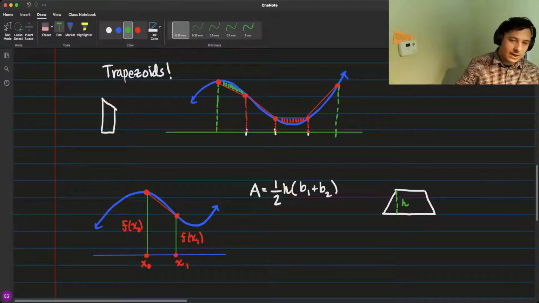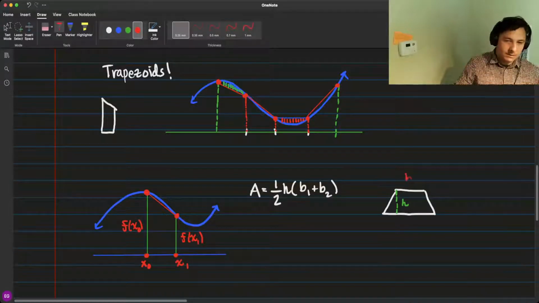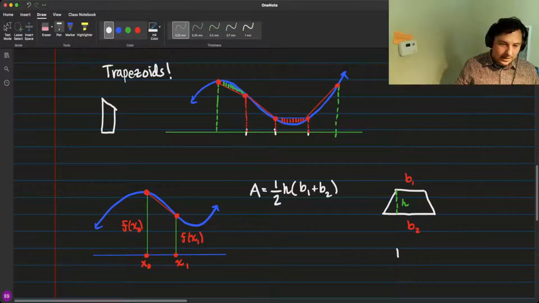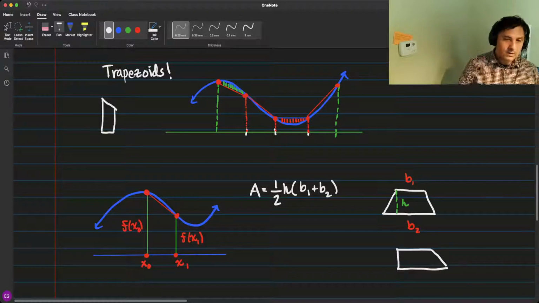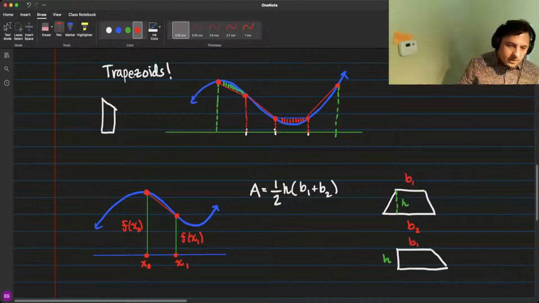So this would be the height, and then the length up here would be base 1, and the length up here would be base 2. So what we've got basically is this thing on its side like this. So this would be the height, this would be base 1, and that would be base 2.